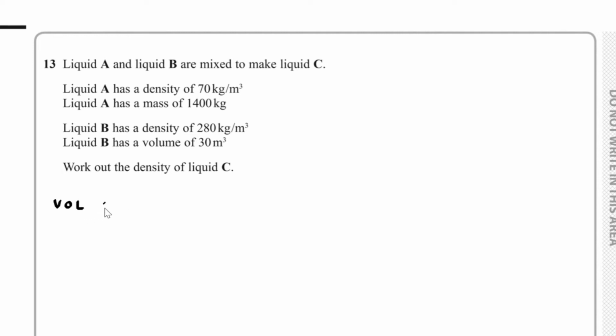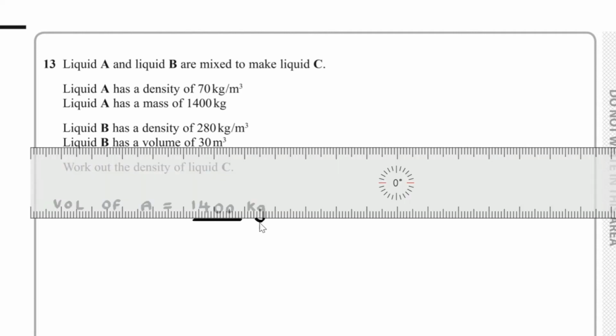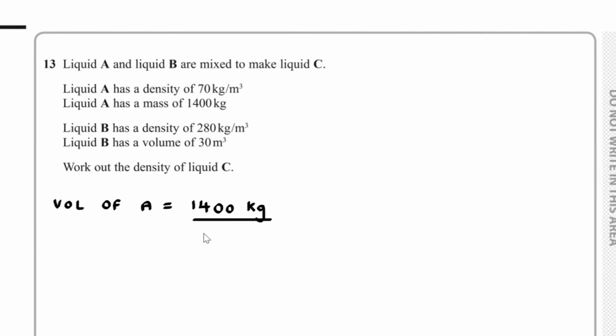So, the volume of A will equal 1,400 kilograms divided by 70 kilograms per meters cubed. So it turns out the volume of A is 20 meters cubed.